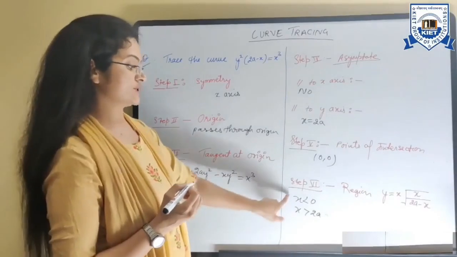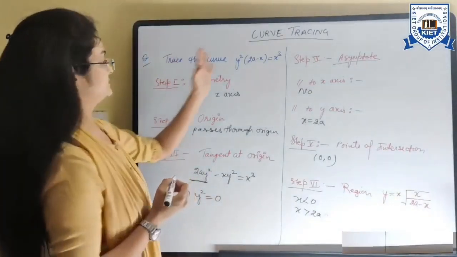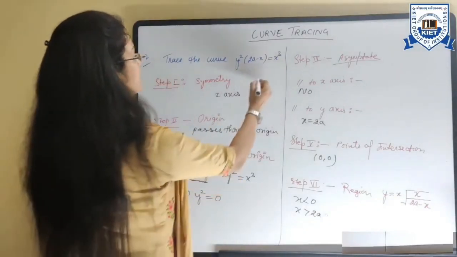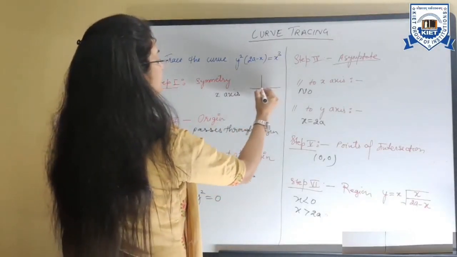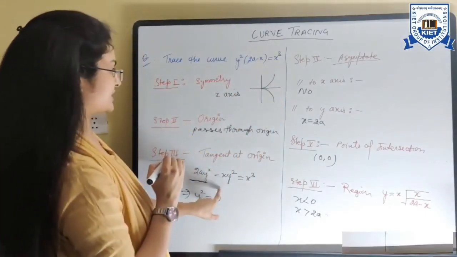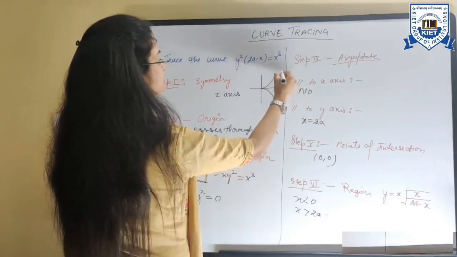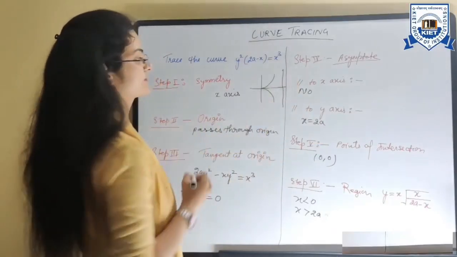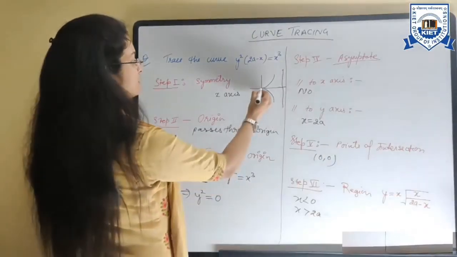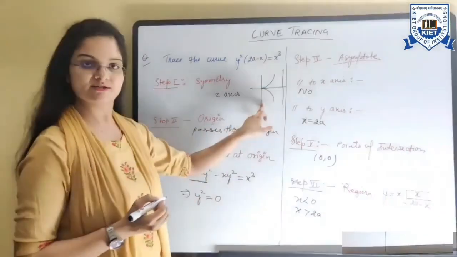So we have to reject these values, and by this tracing procedure we obtain the curve with a cusp at the origin with the tangent, asymptote x equal to 2a, and point of intersection 0, 0. So we obtain the cusp.